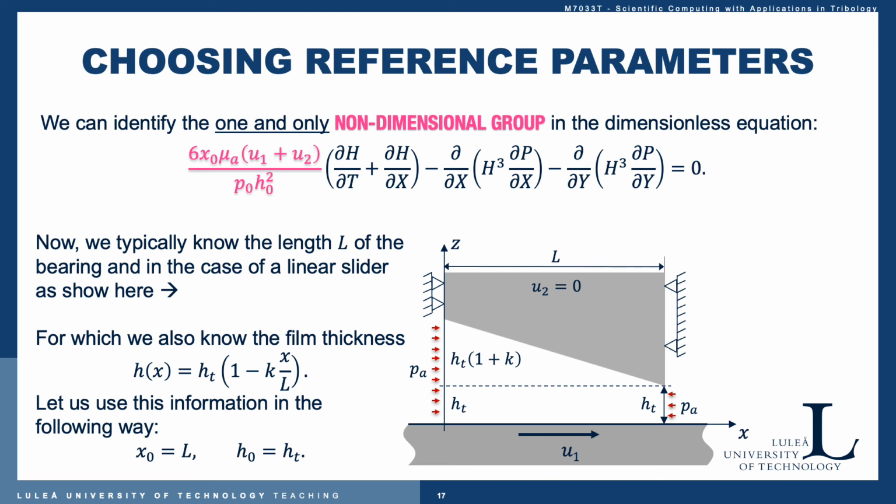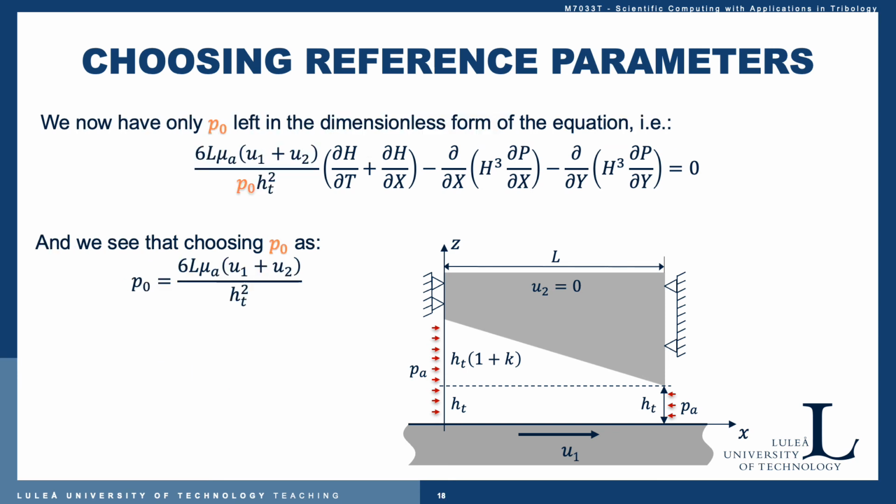So let us now use this information in the following way. We use L as the reference parameter for length, and we use the trailing edge film thickness HT of the bearing as the reference parameter for the height.